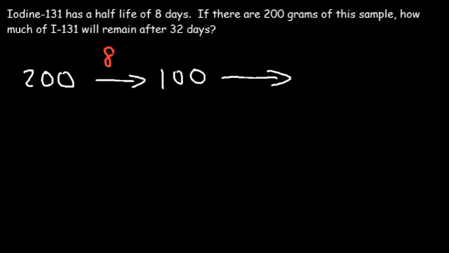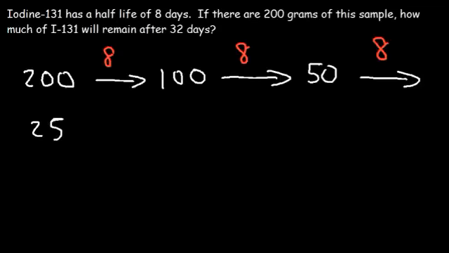That's one half-life. Now another half-life later, or another 8 days, half is going to decay into some other element and half will remain. So we're going to have 50 grams left over. After another 8 days, we're going to have 25 grams. So far, 24 days have elapsed until this point.